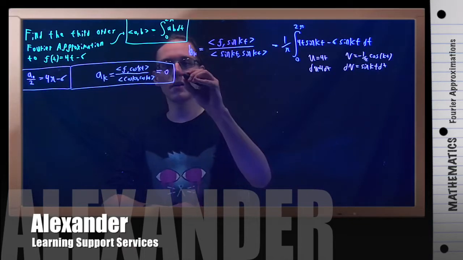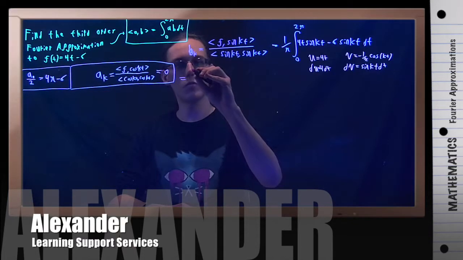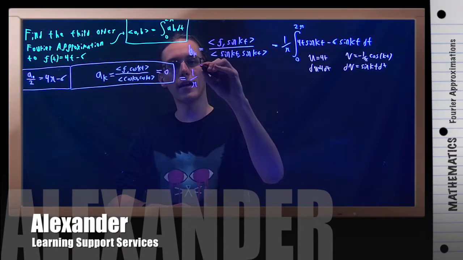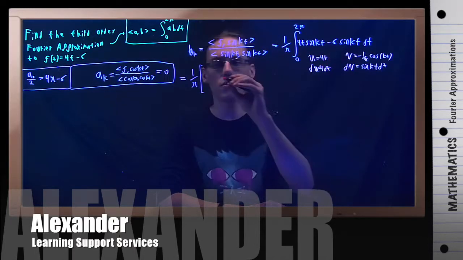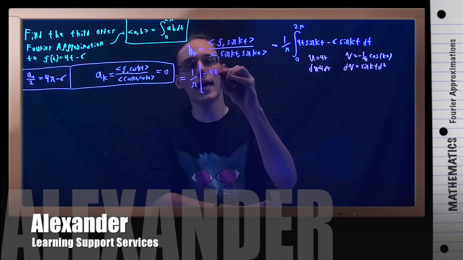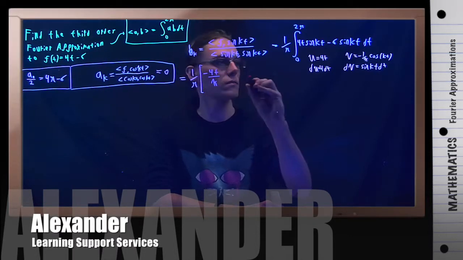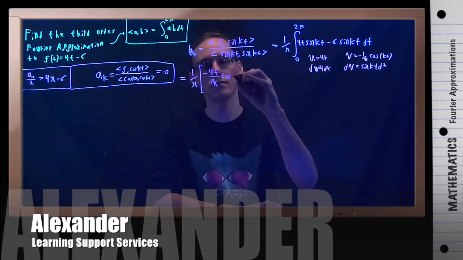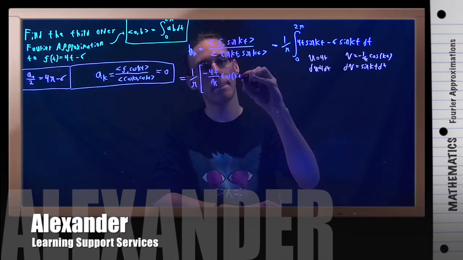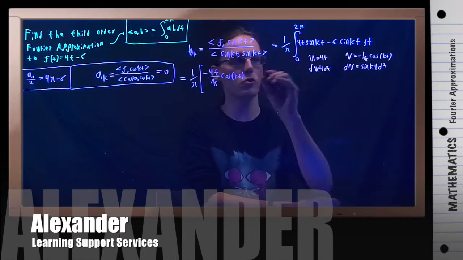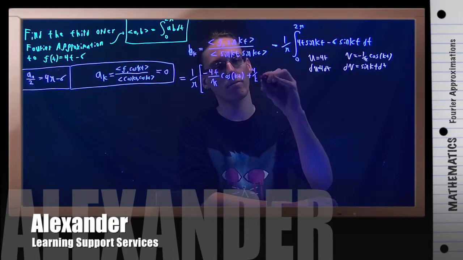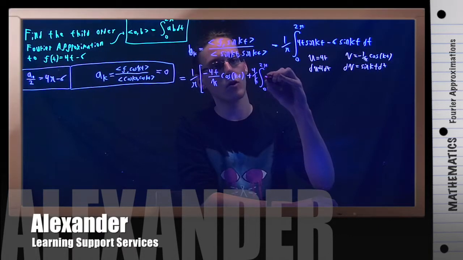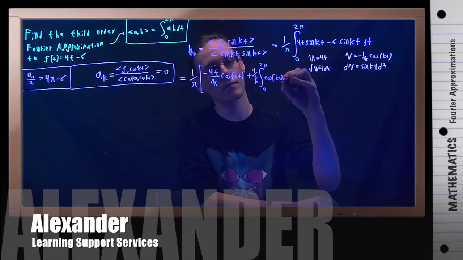Look in here. 1 over pi, bracket. So for this first part right here, we've got uv, so this is going to be negative 4t over k times cosine of kt minus the integral of v du, so minus a negative gives me plus 4 over k integral from 0 to 2 pi cosine of kt dt.